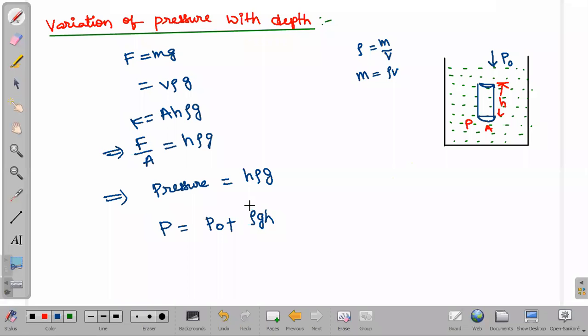Now here, whatever terms we have in this: P is what? Absolute pressure. P is absolute pressure. Next, P naught is what? Already I told you, atmospheric pressure acts on the surface of the liquid. So this is the atmospheric pressure.